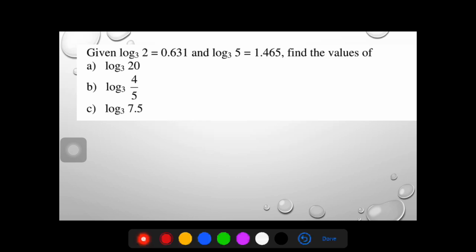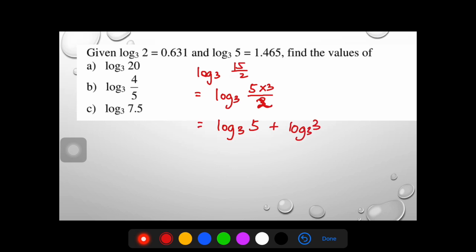Log base 3, 7.5. How to get 7.5? We can write it as 15 over 2. So 15 over 2 is 7.5. And try to expand it again. Actually, 15 is 5 multiplied with 3, divide by 2. And then, using the law of logarithm, log base 3, 5 plus log base 3, 3 minus log base 3, 2.